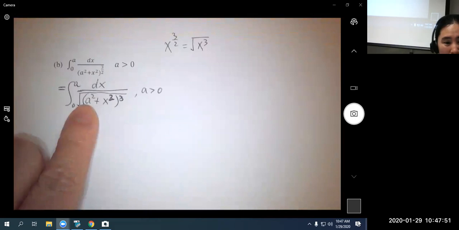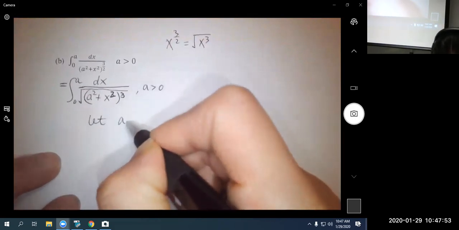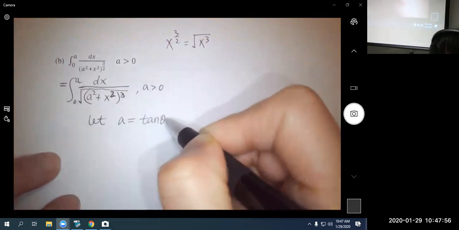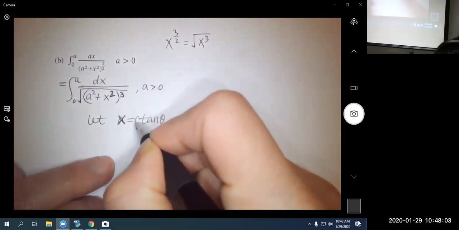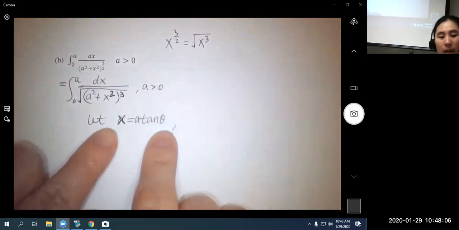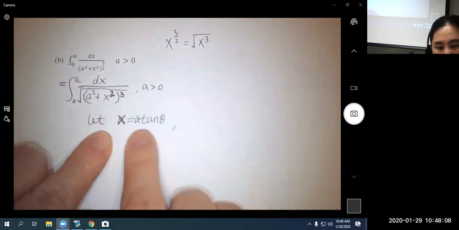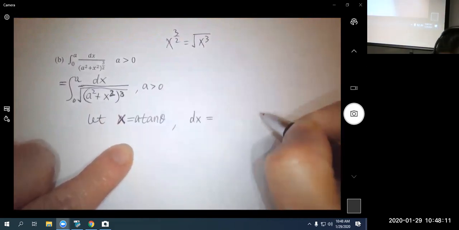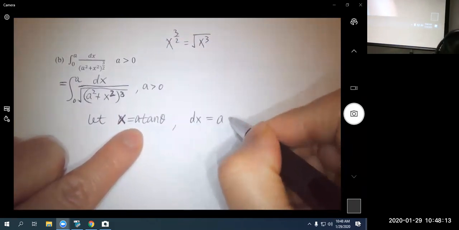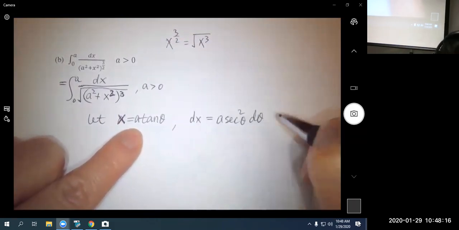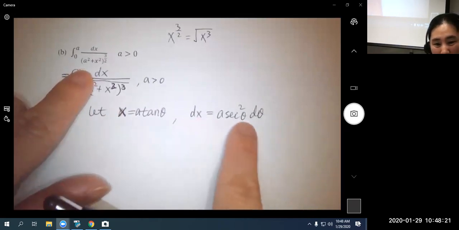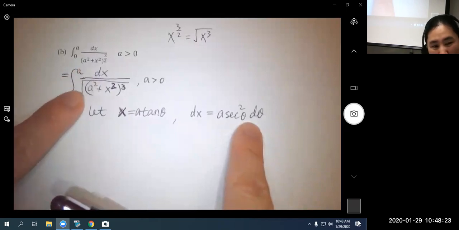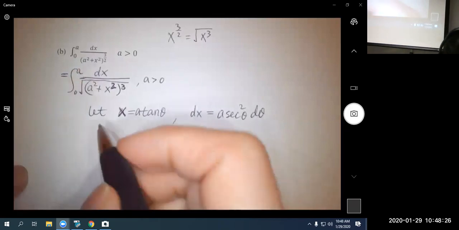So for this question, we're going to use x equals a times tangent theta, sorry. So dx should equal what? We just did it, right? a times secant theta squared d theta. So dx becomes this. Now let's compute the square root, okay?